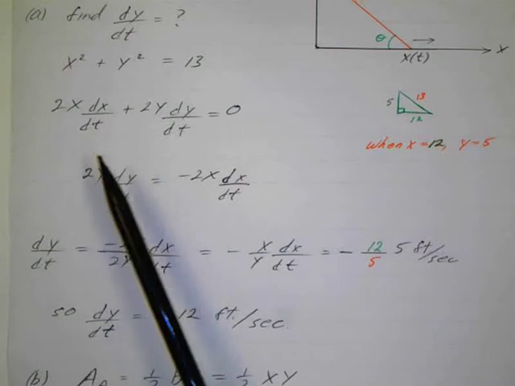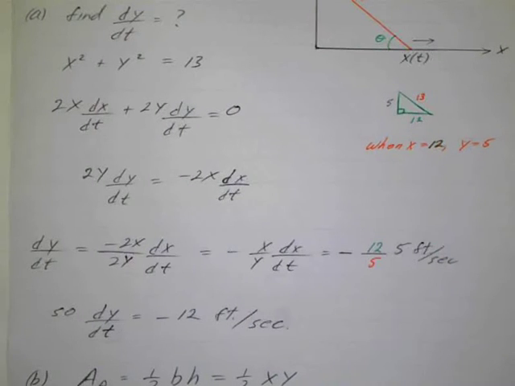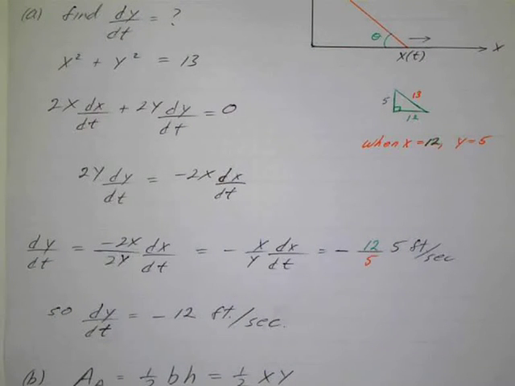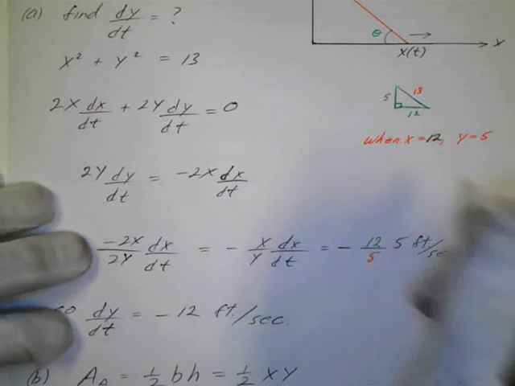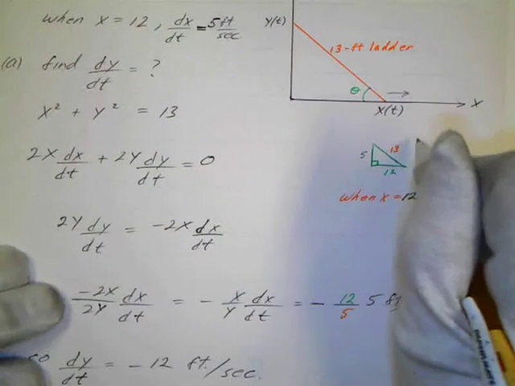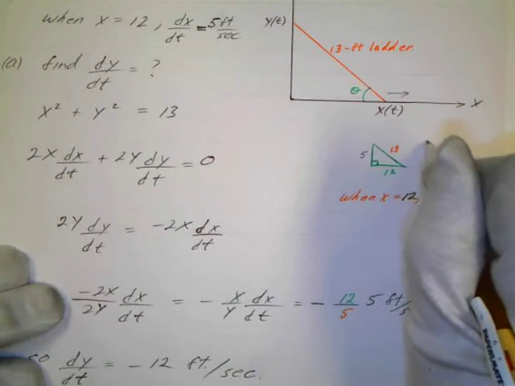So we're just going to take a little picture of that moment. Well, if we think about that moment, we have a 5, 12, 13 triangle. Now you can work it out if you want. This is a familiar right triangle, but if you have any trouble with that, you could call this y.